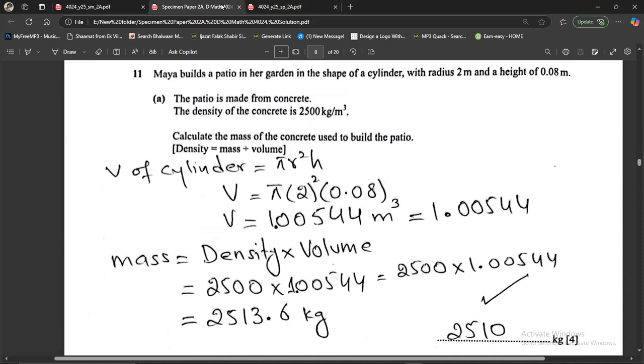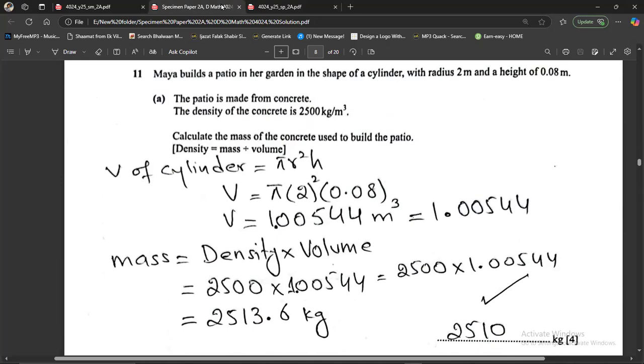So volume of the cylinder is pi r square h, and V will be equal to pi multiply the radius, which is 2 meter, 2 square, multiply 0.08, which is the height. So the answer will be 1.00544 meter cube. Now the mass is equal to density multiply volume. Density is 2500 kg per meter cube, and the volume is 1.00544 meter cube.